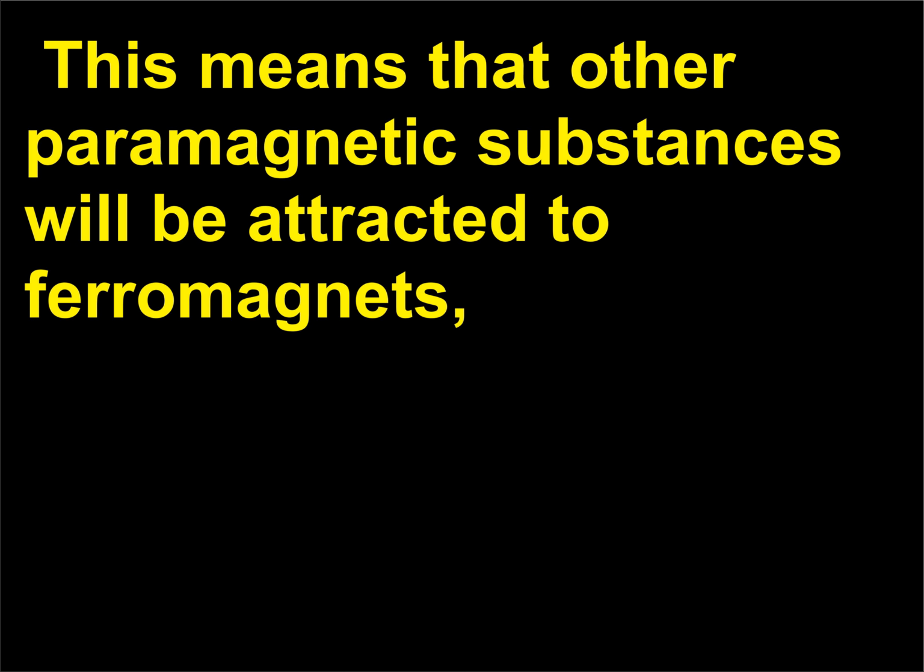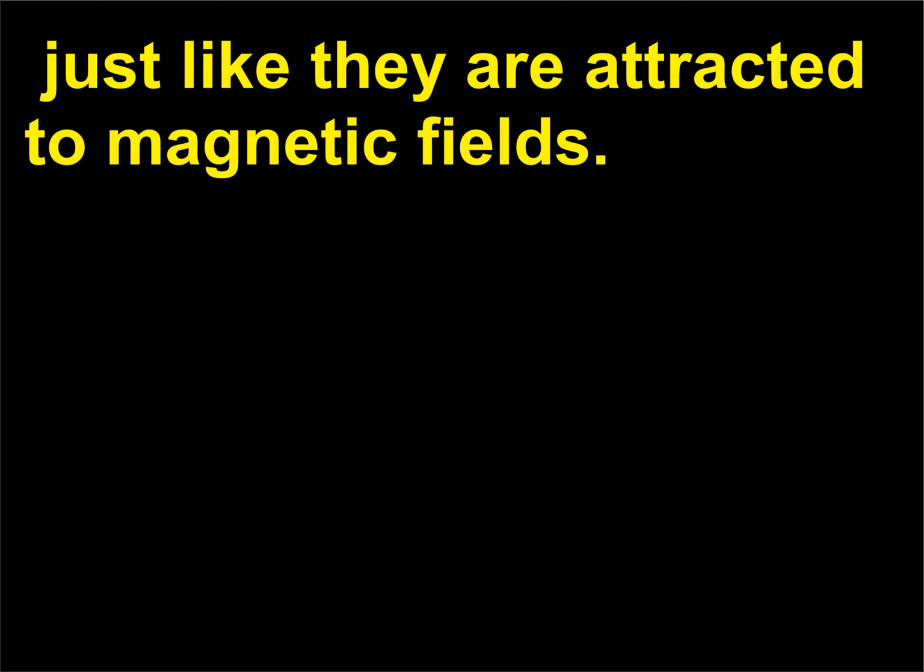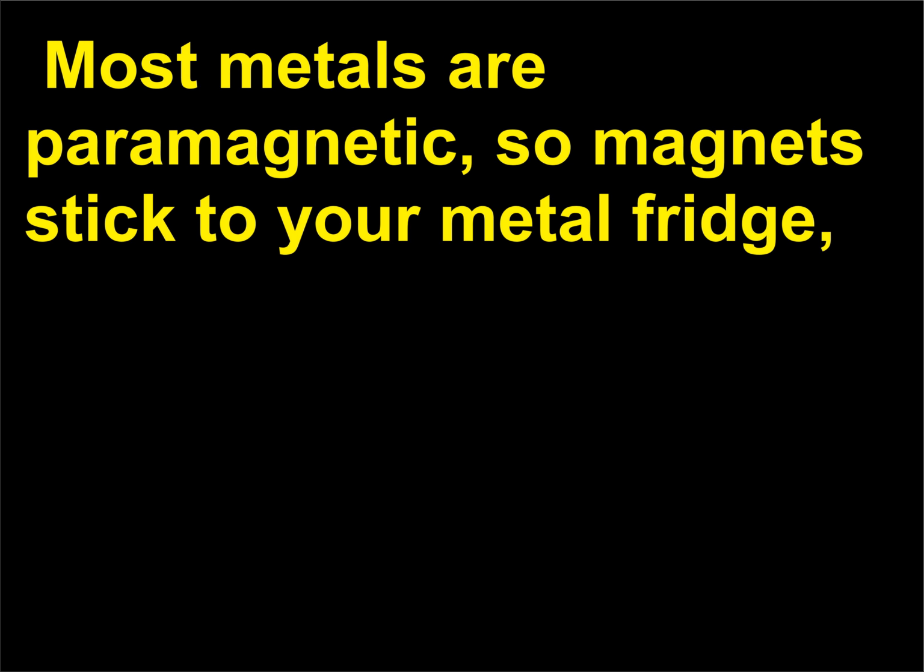This means that other paramagnetic substances will be attracted to ferromagnets, just like they are attracted to magnetic fields. Most metals are paramagnetic, so magnets stick to your metal fridge. But your fridge itself is not magnetic.